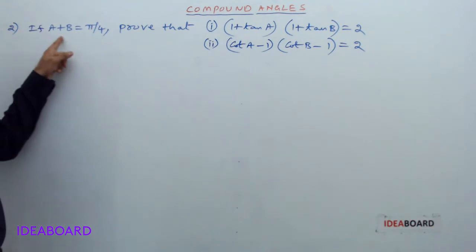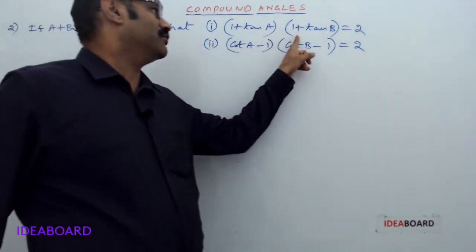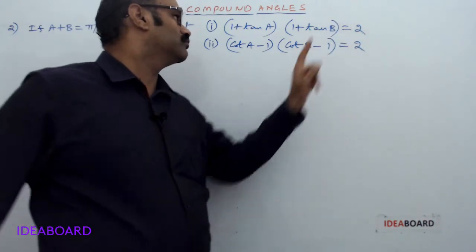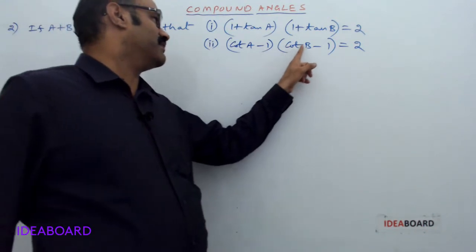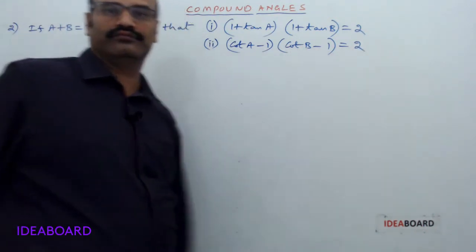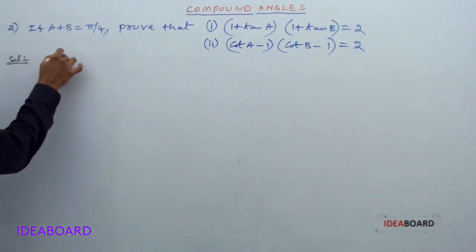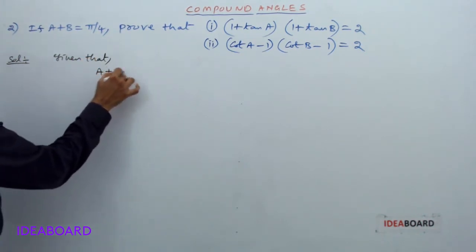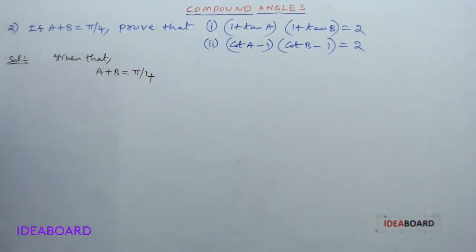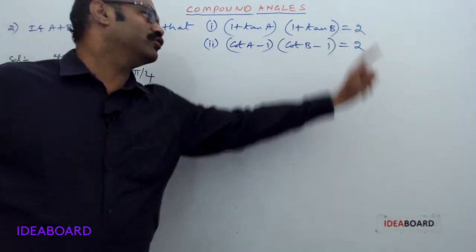Second problem, if a plus b equal to pi by 4, prove that 1 plus tan a into 1 plus tan b equal to 2. Second one, cot a minus 1 into cot b minus 1 equal to 2. Given that a plus b equal to pi by 4, we have to prove that 1 plus tan a into 1 plus tan b equal to 2.